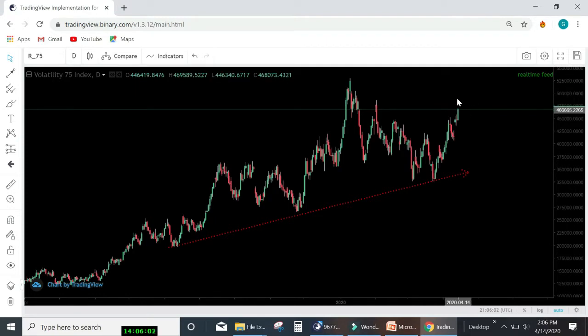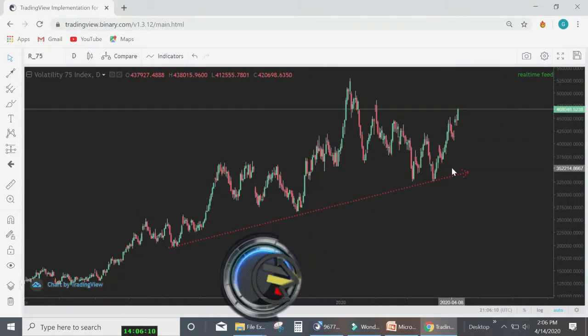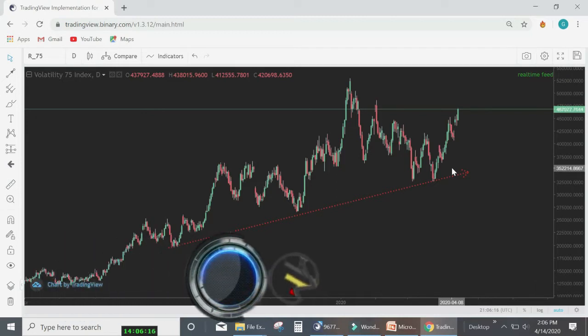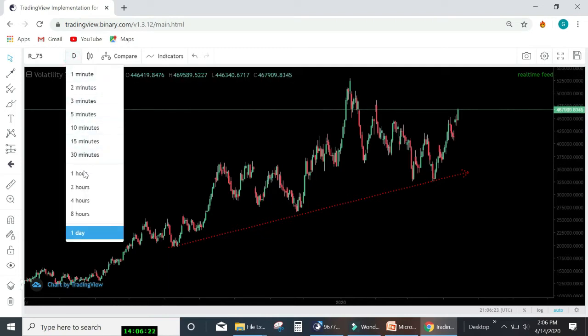Will it go up, or will it continue, or will it go back? We really don't know. So that is why we need to find some indicators that will tell us where the price level is.